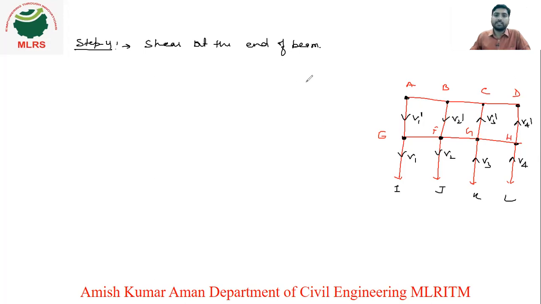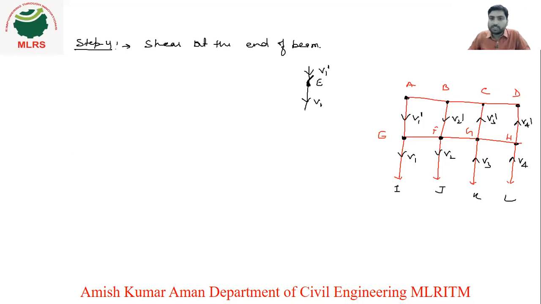So if you are taking a joint, let's consider this is your E joint, and V1 dash is this and V1 is this. If you see this joint, whatever forces are coming towards the joint, we will take as positive, and whatever forces are going away from the joint, we will take as negative.